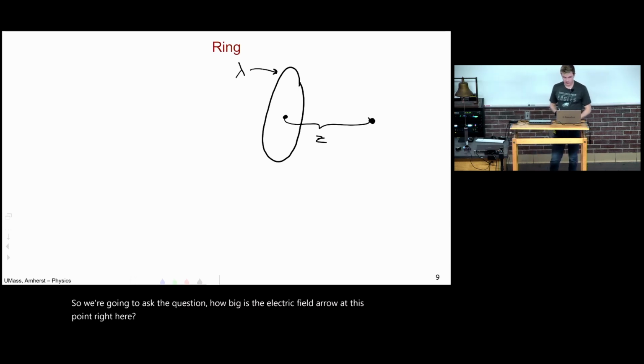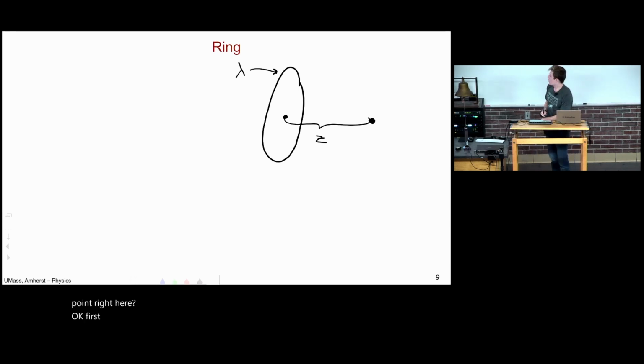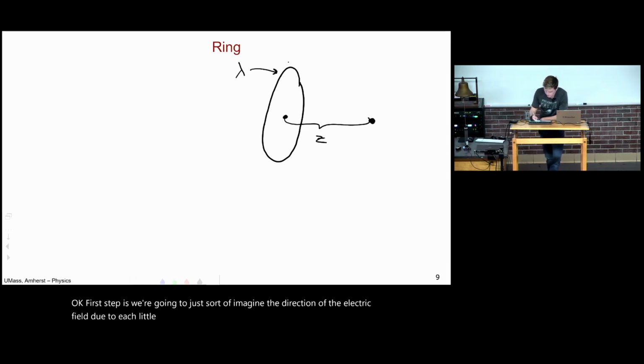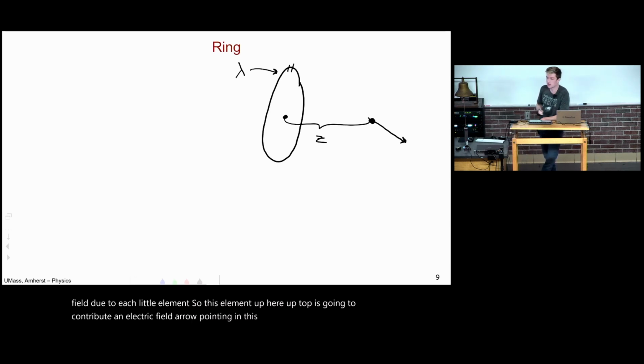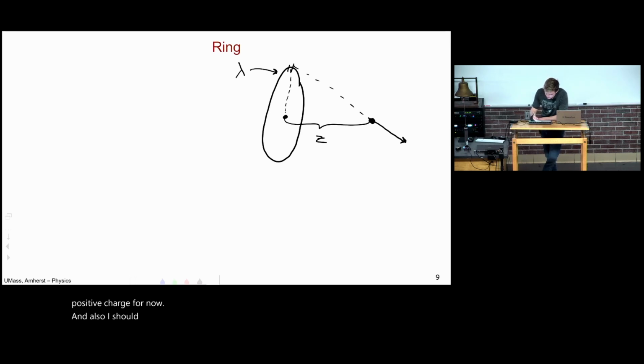First step is we're going to imagine the direction of the electric field due to each little element. So this element up top is going to contribute an electric field arrow pointing in this direction. You assume it has positive charge for now. And also I should mention the hoop has radius a.